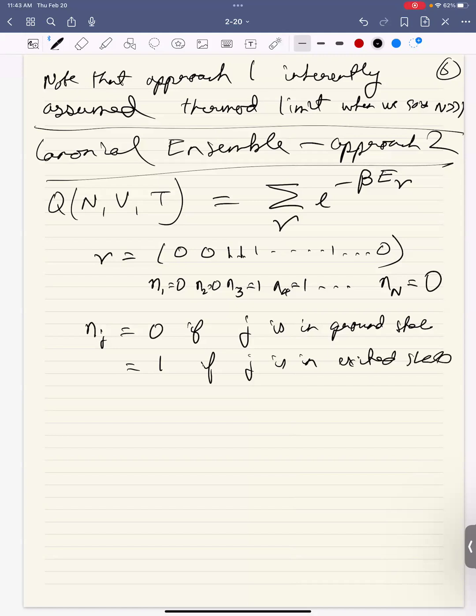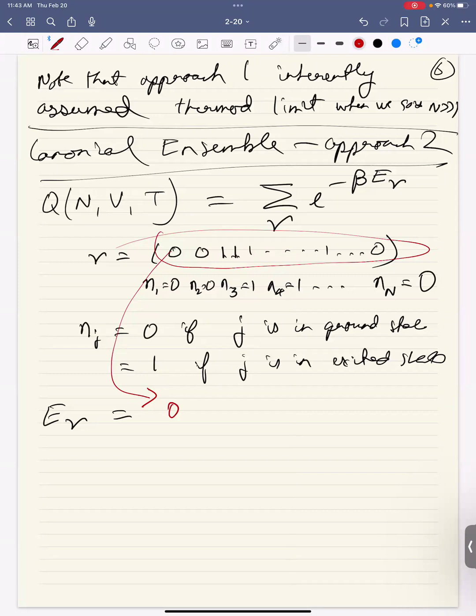Why do I need to do this? The reason is because this allows me to write down the energy E nu for any given microstate. So let's consider this binary number I have over here. What is the total energy of the system for this binary number? For the first particle, how much energy do we have? 0. It's in ground state, right? For the second particle, we have energy 0. For the third particle, we have energy 1, then 1 plus 1 plus ... right?